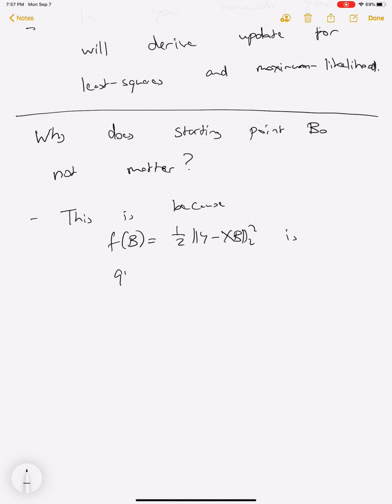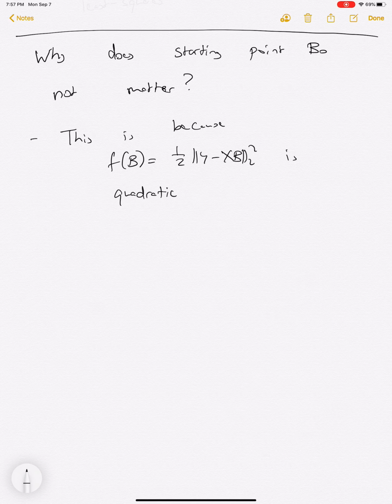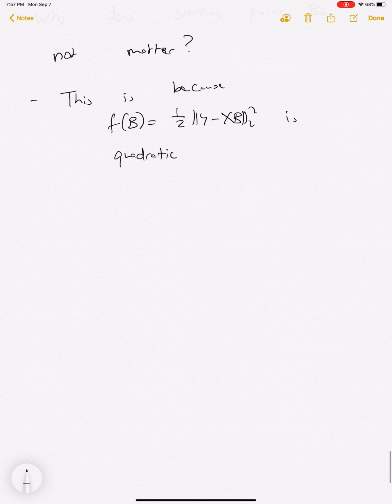The objective is quadratic, and therefore f is what's known as convex. This is going to be something that will come up a lot throughout the course.